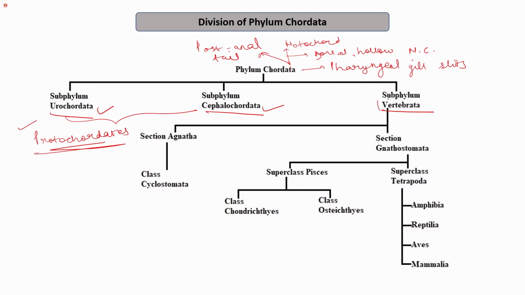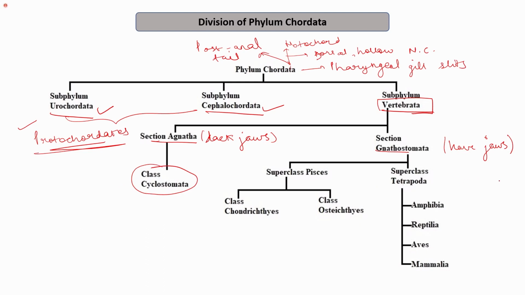Then the vertebrata is divided into different sections like agnatha and gnathostomata. Agnatha lack jaws, while these others have jaws. We will learn about these in detail, but for the introduction, I am just letting you know how these are classified. The vertebrata are classified on the basis of whether they have jaws or not. One of the classes that we will see under agnatha is cyclostomata.